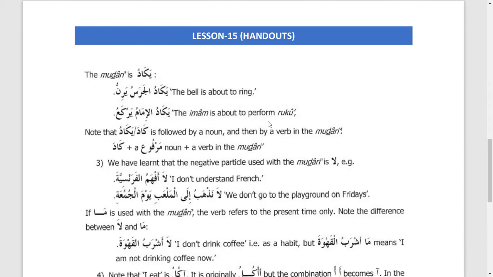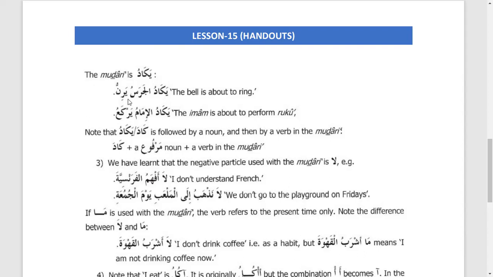Yes, the light almost snatches away their sight. So it will be translated as present. So what we have here is the present, yakadu, and after that we have the present as well.